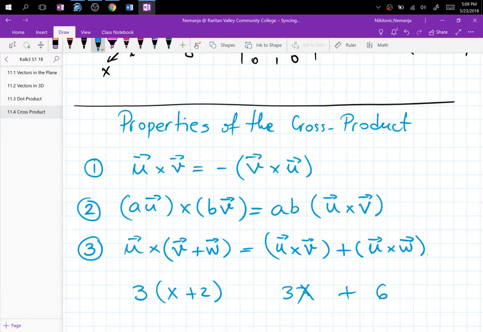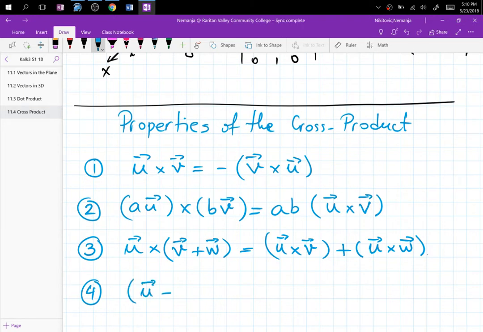Do you all see the same thing? Distributive property. Yes, distributive property. One more distributive property: if you have u plus v cross with w, you have u cross w plus v cross w.